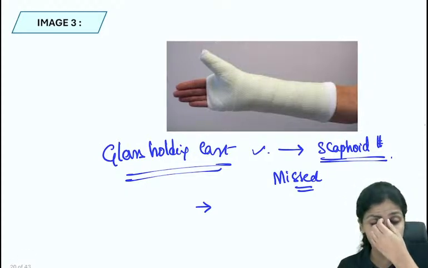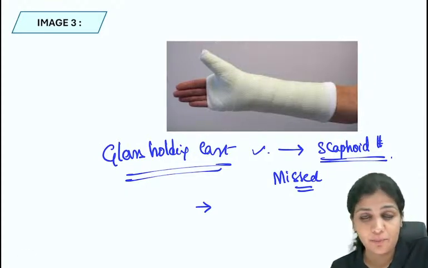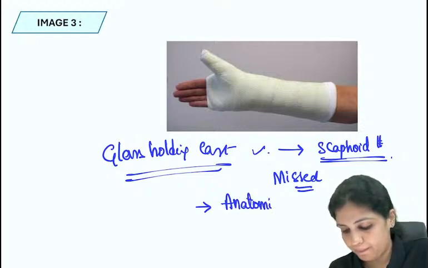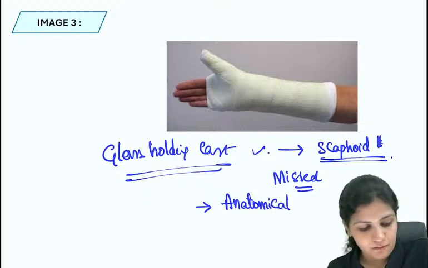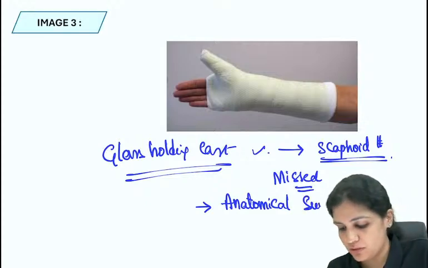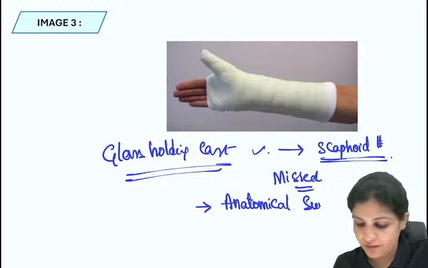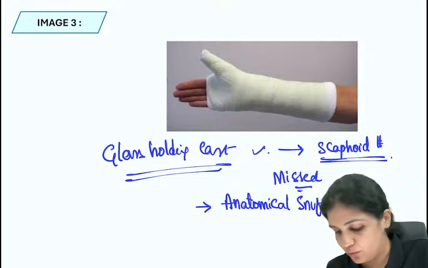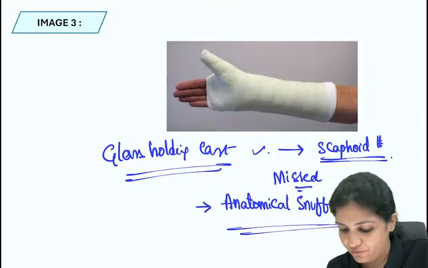Which anatomical area do you examine? Yeah, very good. Anatomical snuff box. So that is the area where you have to look for the scaphoid fractures.